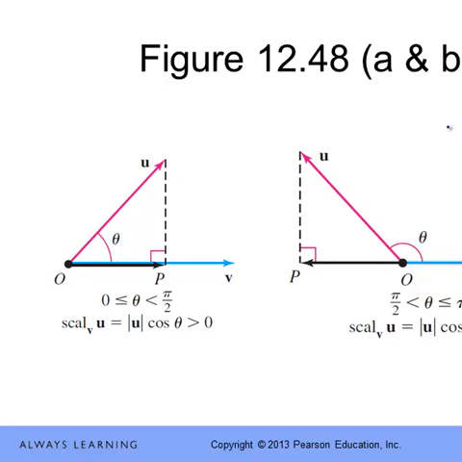The magnitude or the length of the shadow vector. That would be that scaling factor. That scaling factor would be positive if the angle is acute. That scaling factor would be negative if the angle is obtuse.